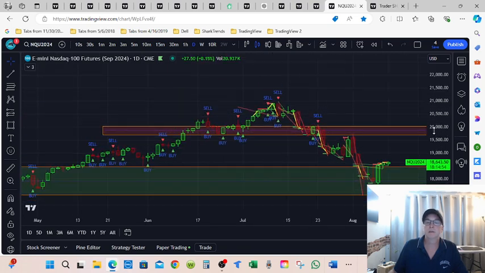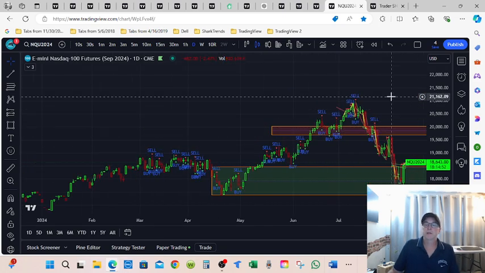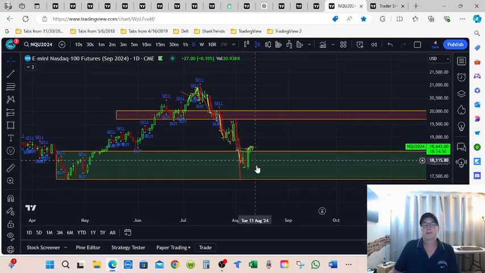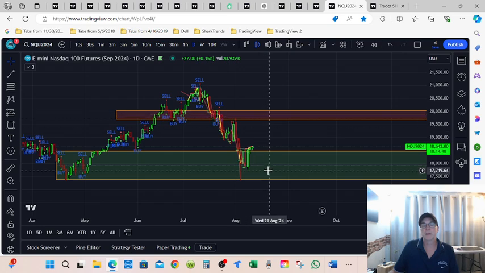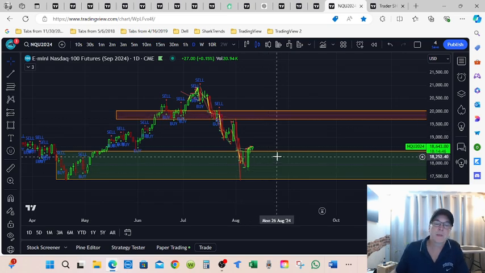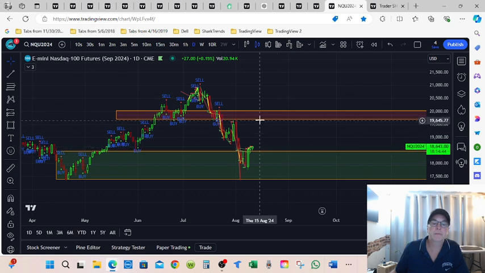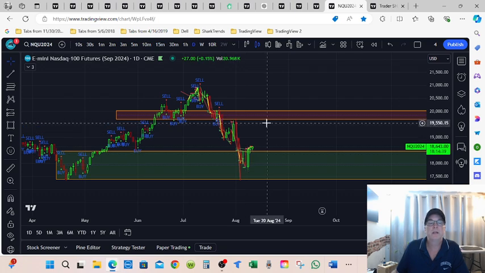Okay. Right now I only have two boxes, basically supply and demand, more support and resistance, and I think I'm going to even go to a lower time frame.